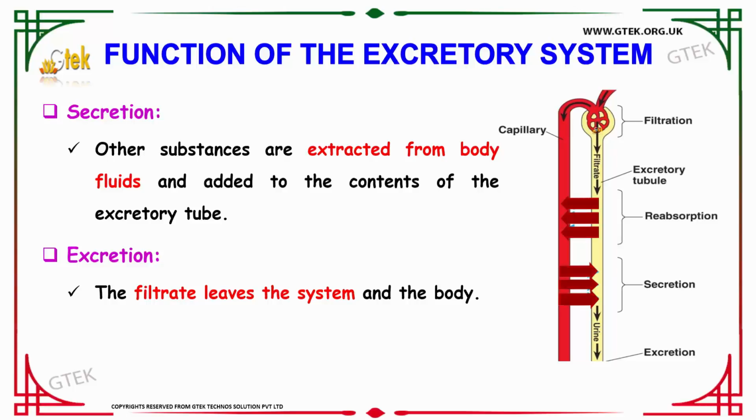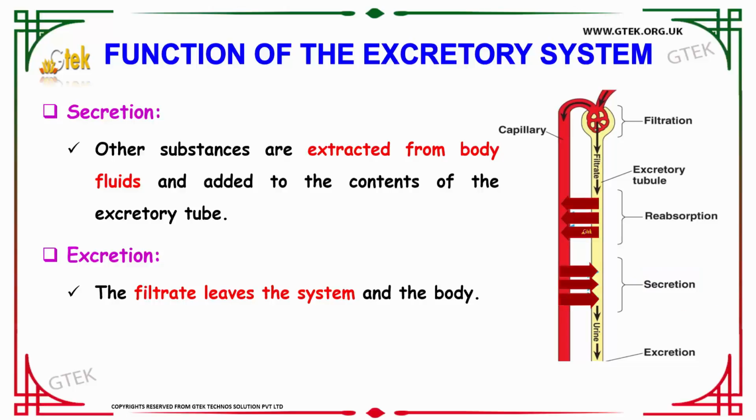After that, the filtrate passes through the excretory tubule and the reabsorption is done in this portion, where the necessary things are reabsorbed from your filtrate. Then the other waste substances, extracted from the body fluids, are added to the contents of your excretory tubule, which is known as secretion.